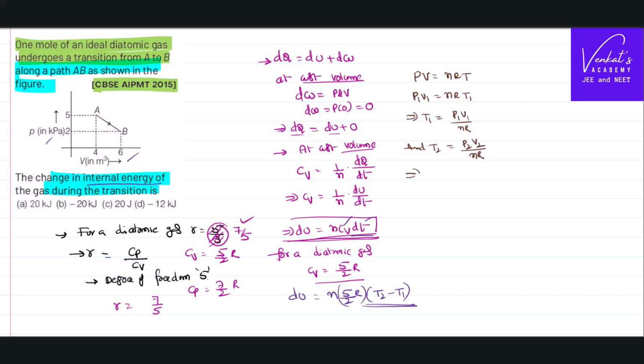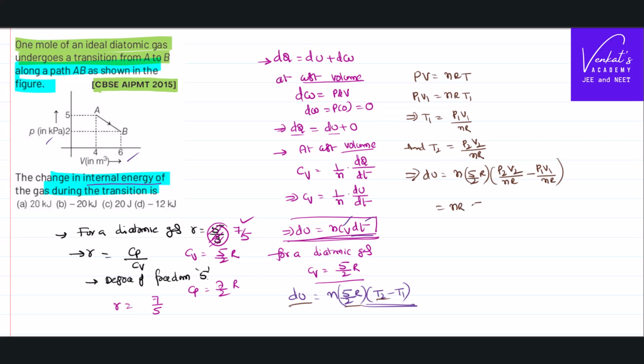That implies this du value can be written as n times 5/2 times of R, times T2, that is P2 V2 by nR, minus T1, that is P1 V1 by nR.